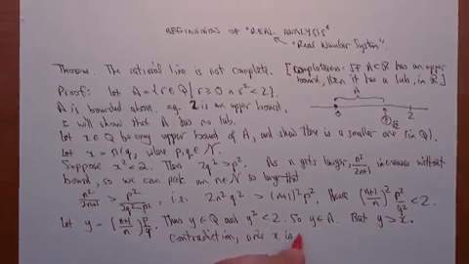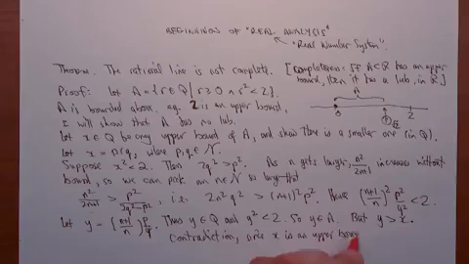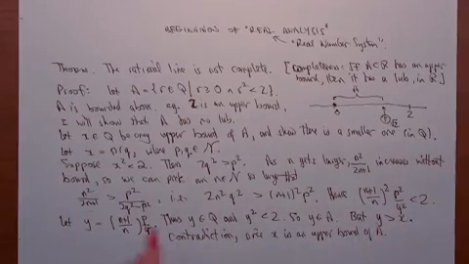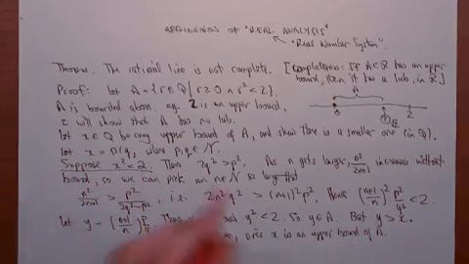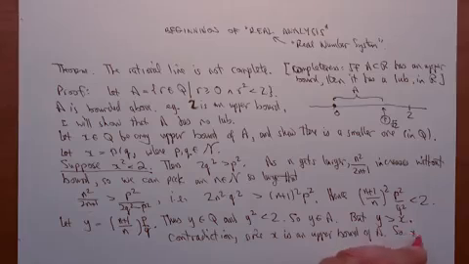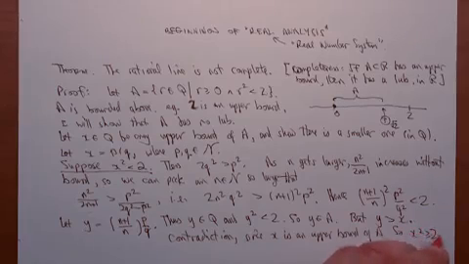Since x is an upper bound of A, that supposition must be false. So x squared has to be greater than or equal to 2.